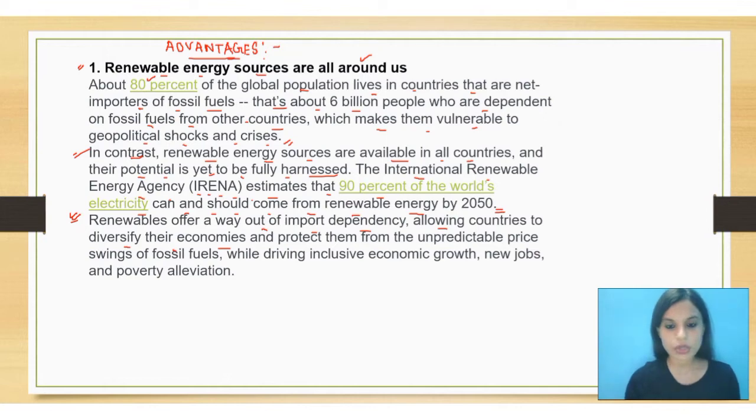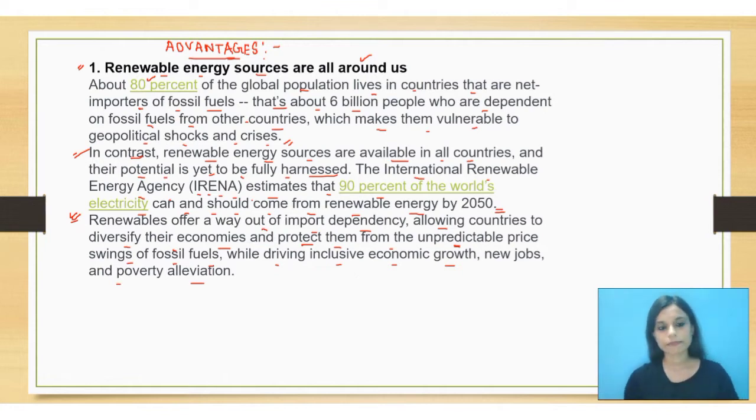You should focus on harnessing all the resources that are there in your economy to the fullest extent possible, and protect them from the unpredictable price swings of fossil fuels while driving inclusive economic growth, new jobs, and poverty alleviation.